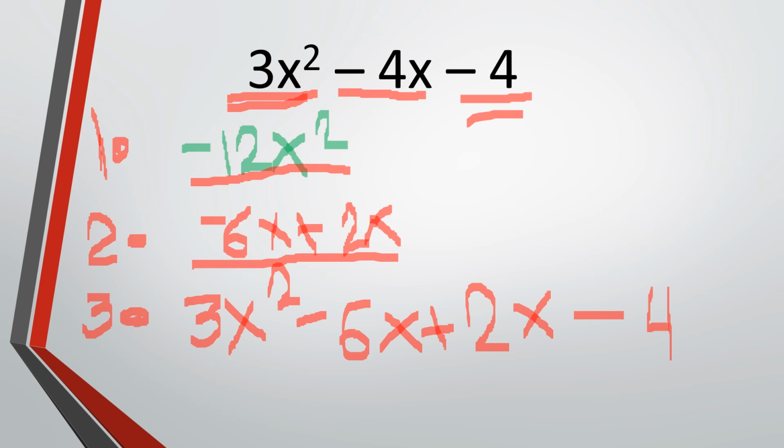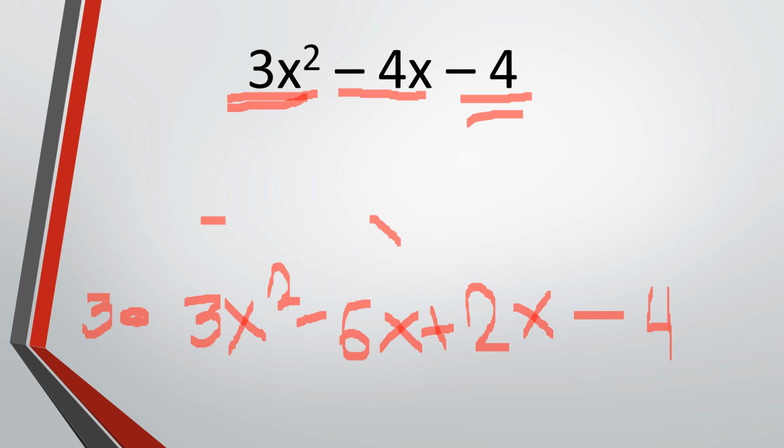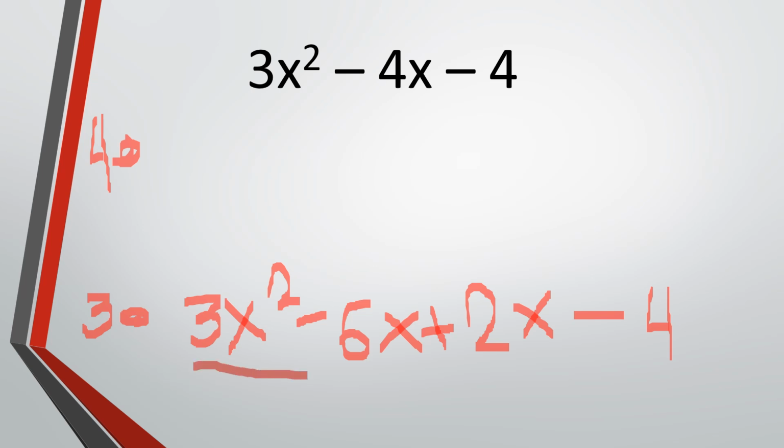After that one, let's proceed to step 4. Now, let me erase this. Okay, let's have step 4 here. Now as for the step 4, we will go back to factoring by grouping. Now, in this polynomial, we will group them into two binomials.